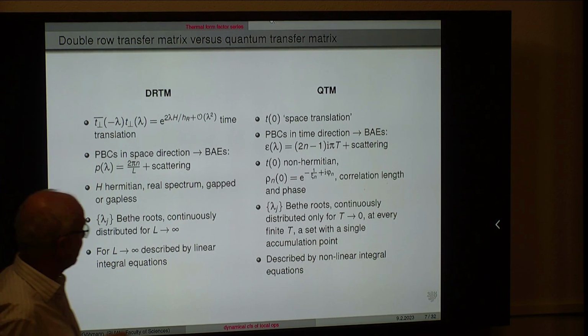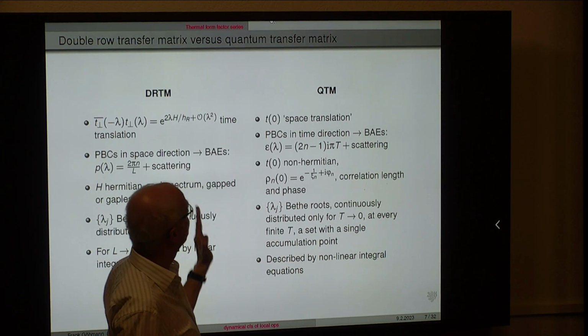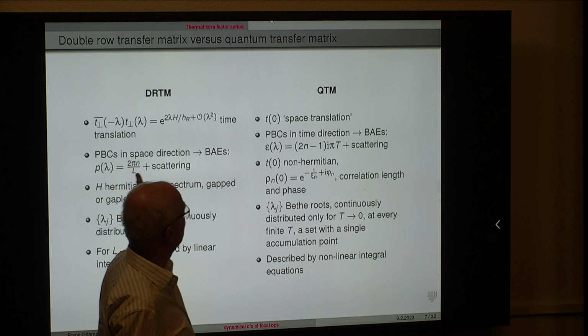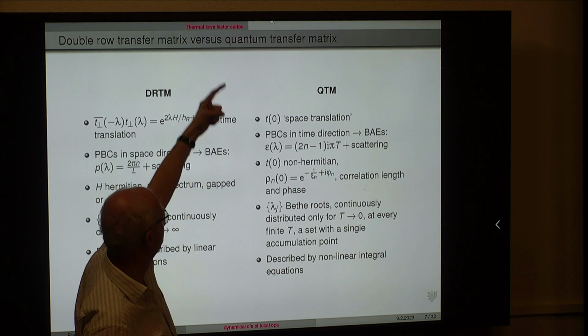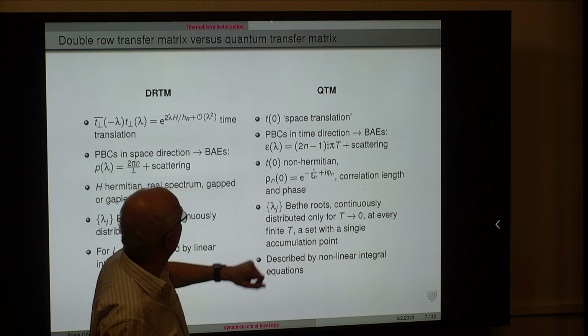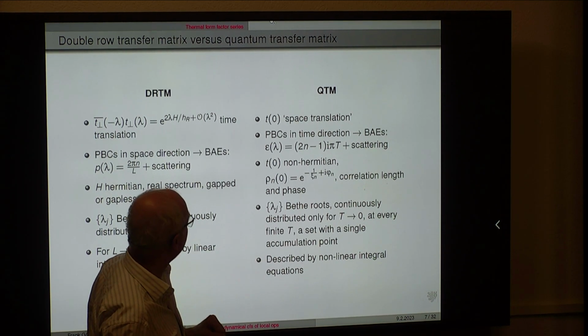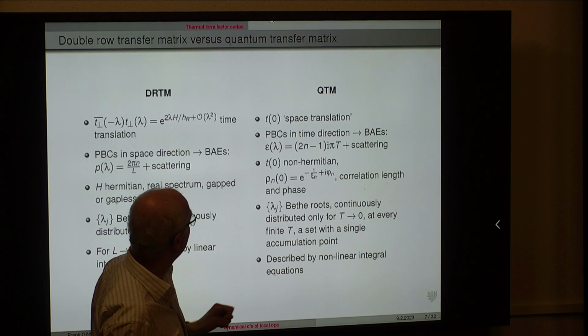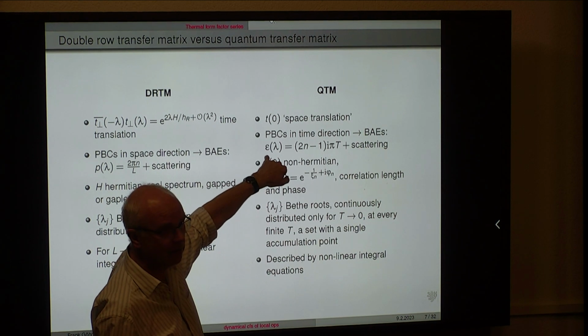As opposed to this, there is T naught, the vertical transfer matrix, which describes space translation, and if you apply periodic boundary condition in this direction, then in the limit of large n, your Bethe ansatz equations become quantization conditions for the energy.